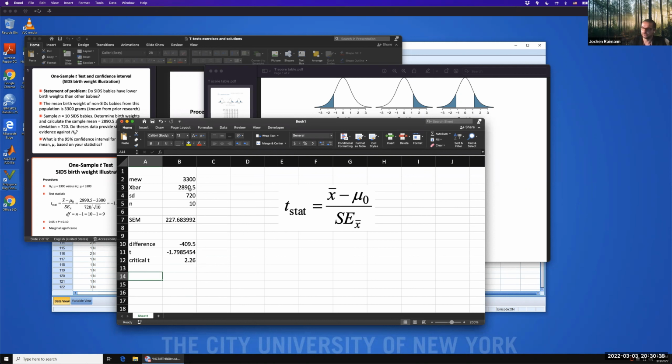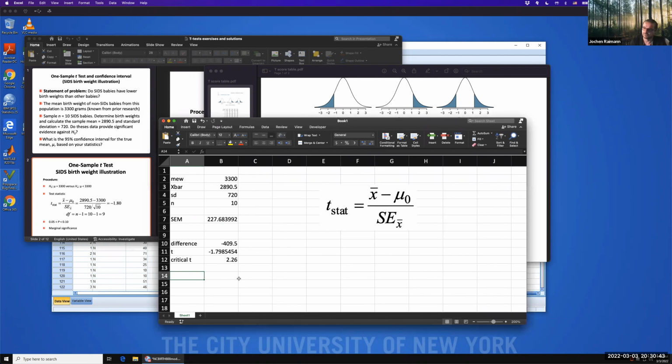We have a mean of 2890, and with that mean you can now define the lower limit and the upper limit of your confidence interval. Your lower limit is the mean, this x bar, minus that critical t, 2.26, multiplied by the standard error of the mean.